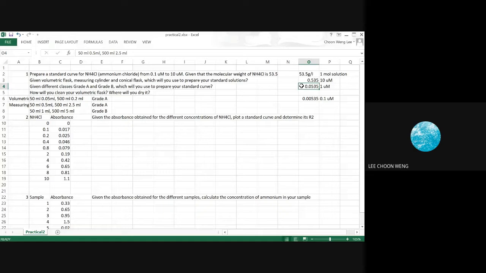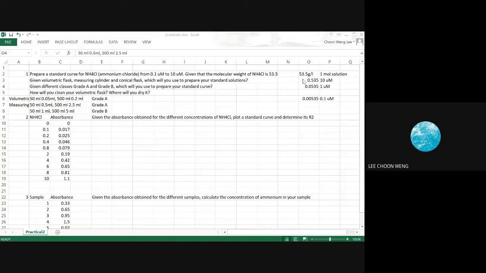So it is actually better to prepare this and to dilute it than to attempt preparing solutions that have too small a weight. So the thing that I want to emphasize here is, be wary of measuring too small a volume, too small a weight when you're preparing standard solutions.